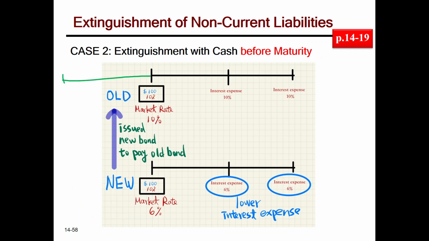So maybe in 2020 you issued a bond. If we call it bond A, in 2020 you issue the bond, so you owe the creditors, the investors, money.